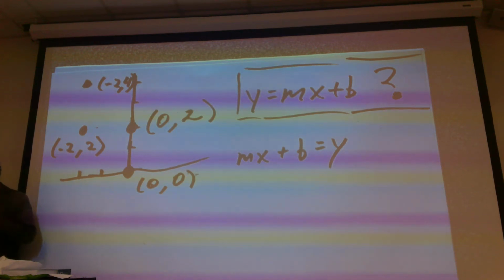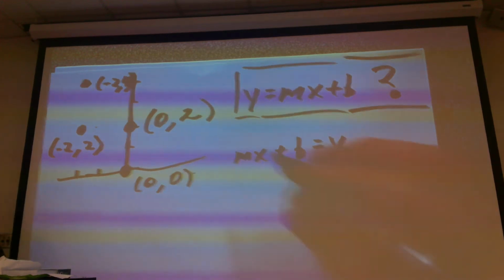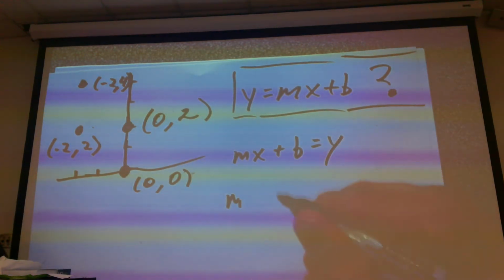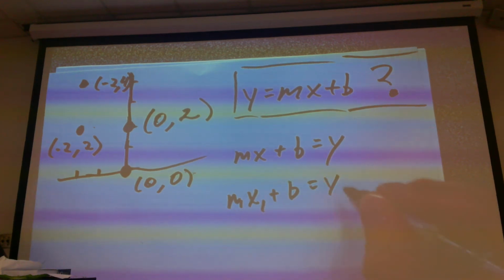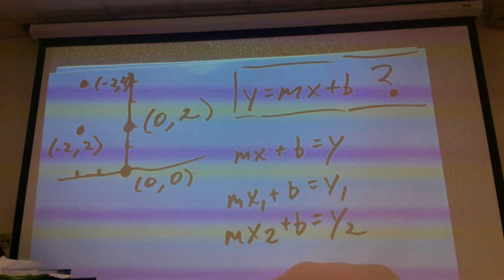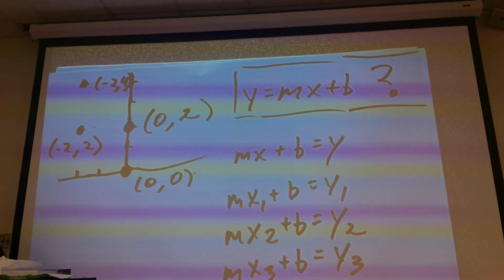To form this into some kind of matrix, we're going to have m x1 plus b equals y1, m x2 plus b equals y2, m x3 plus b equals y3, and m x4 plus b equals y4.